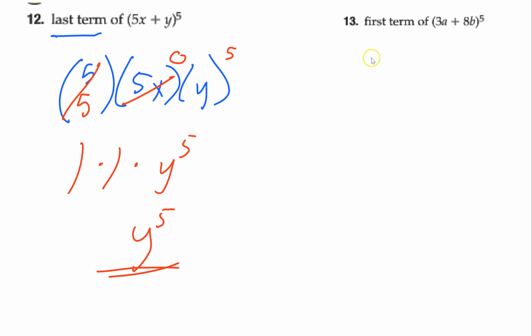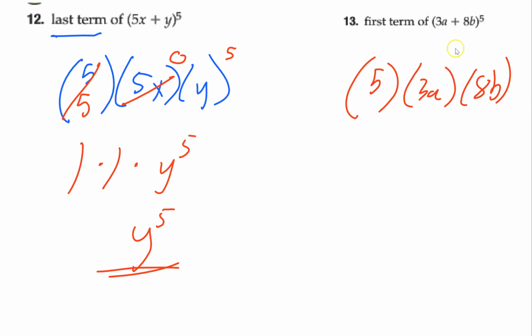Again, look at this one. Before I even start, I know how to start this off. It's 5, 3a, 8b. That's the way I'm always going to start off: whatever the power is, and then the first term, second term. Now they want the first term. Remember, we don't start at 1, we start at 0. So if that's a 0, this is a 0. And 0 plus what equals 5? Well, 5. 5 to the 0 is automatically 1. 18 to the 0 power is automatically 1.